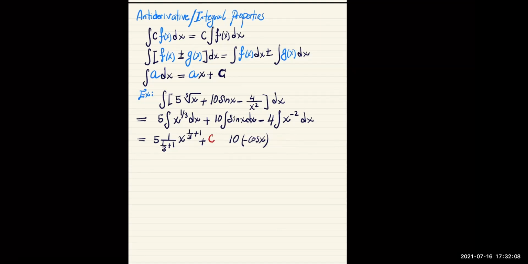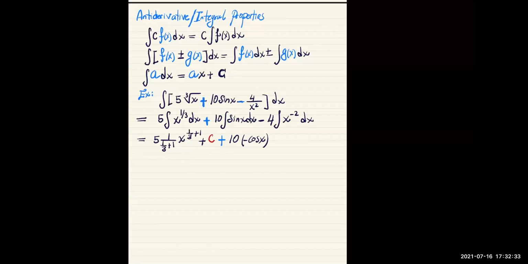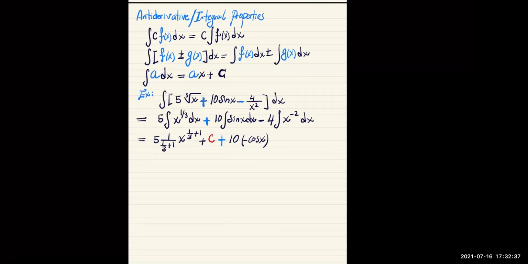Then we have this plus. So again, guys, 5 times that antiderivative plus some constant for this antiderivative. This guy, again, 10 in front. The antiderivative is negative cosine. Again, this antiderivative is itself going to have another constant. So plus c.